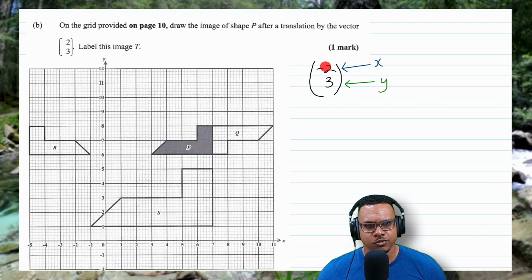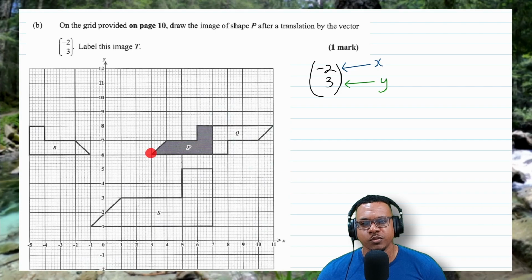So -2 is 2 units to the left, horizontal. And if it was +2, you move 2 units horizontal to the right. Now this is +3 on the y, so that means 3 units upwards. And if it was -3, that'd be 3 units downwards.